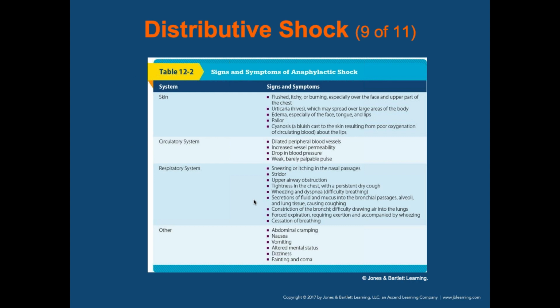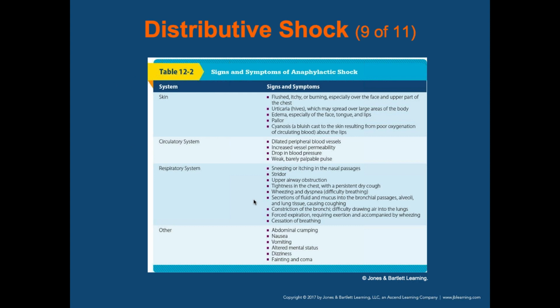Some signs and symptoms of anaphylactic shock obviously are flushing, itching, and a burning sensation, urticaria, which is also called hives, edema in the face, tongue, and lips, pallor, cyanosis. That's part of your skin. Your circulatory system would have dilated peripheral blood vessels, increased vessel permeability, drop in blood pressure, weak or barely palpable pulses.